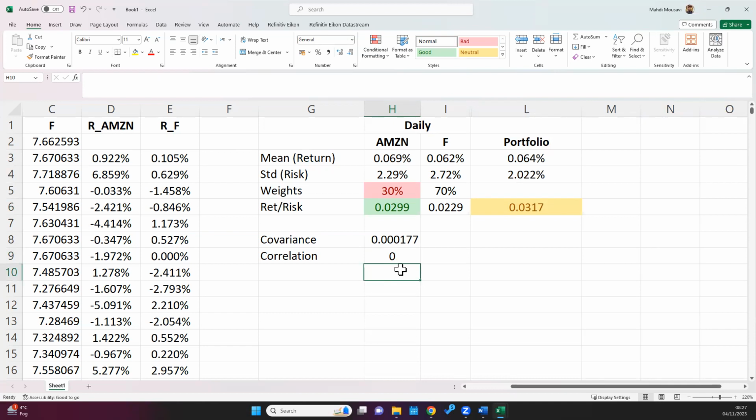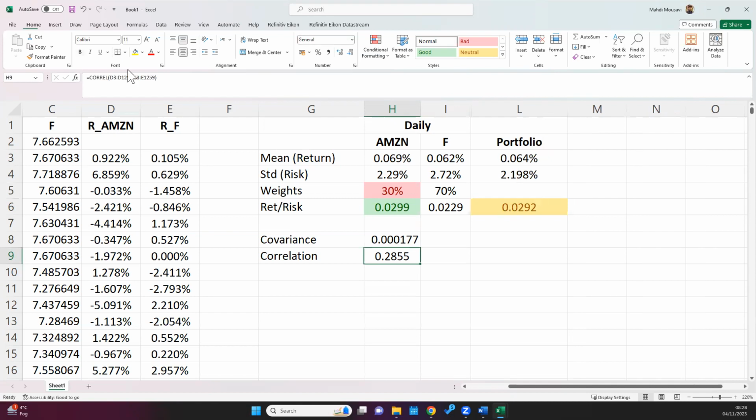The portfolio risk and return also would be changed, right? So there are different factors we need to take into account when we construct a portfolio: the weight allocated to each asset, and also the correlation between these two. All right. So now how can we find out the optimal weight allocated to each of these two?